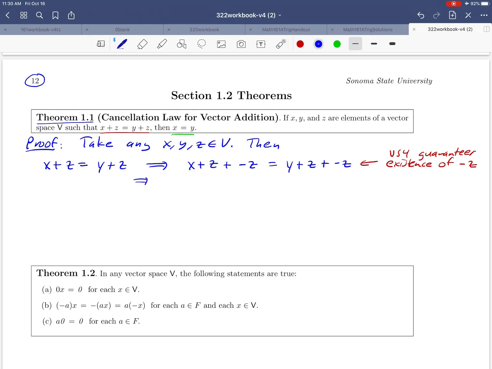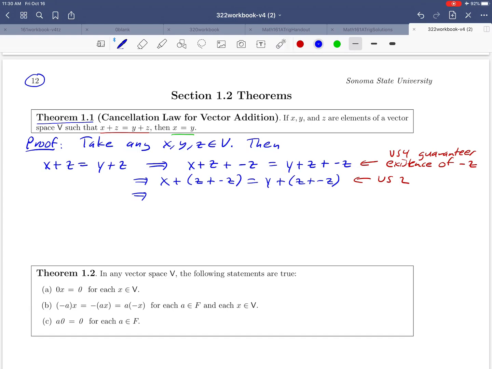Okay, then next we'll do a little grouping. Okay, what vector space property allows us to do that? You can look back and maybe notice that that's VS2, the associativity property. That was part of our definition of a vector space.